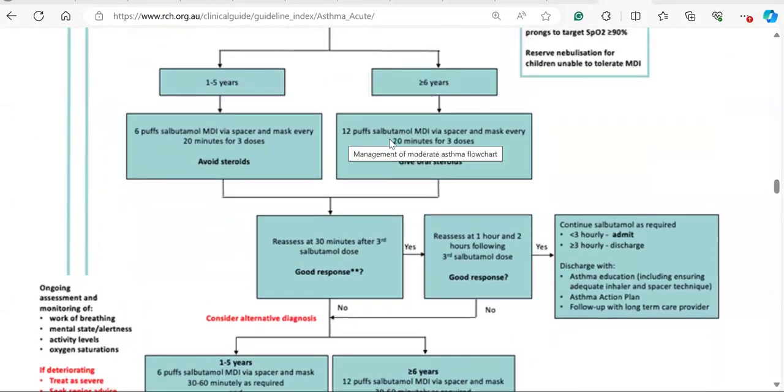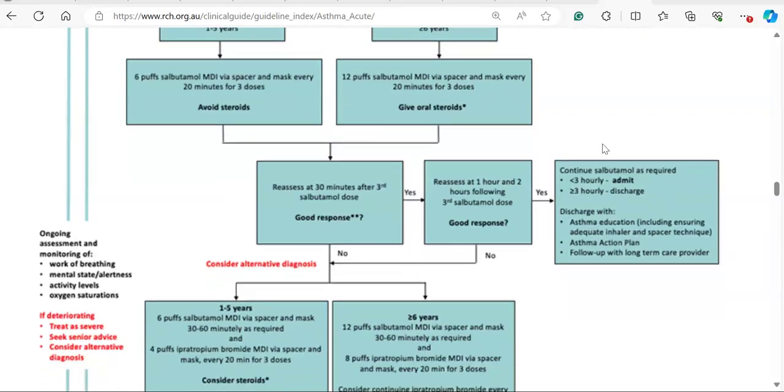Normally above 6 years old, 12 puffs every 20 minutes for 3 doses. Give oral steroid as well, and then reassess at 30 minutes after the third salbutamol dose.